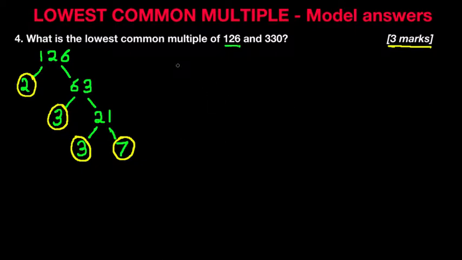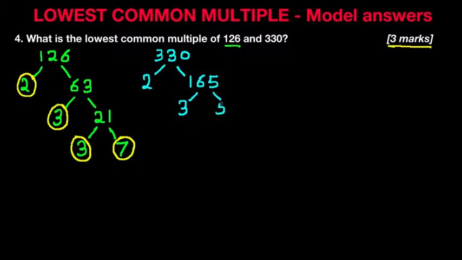So we're going to change colors and now move on to 330. So 330, it's an even number, it can be divided by 2. The answer is 165. Now we've come across this number before, it can be divided by 3.